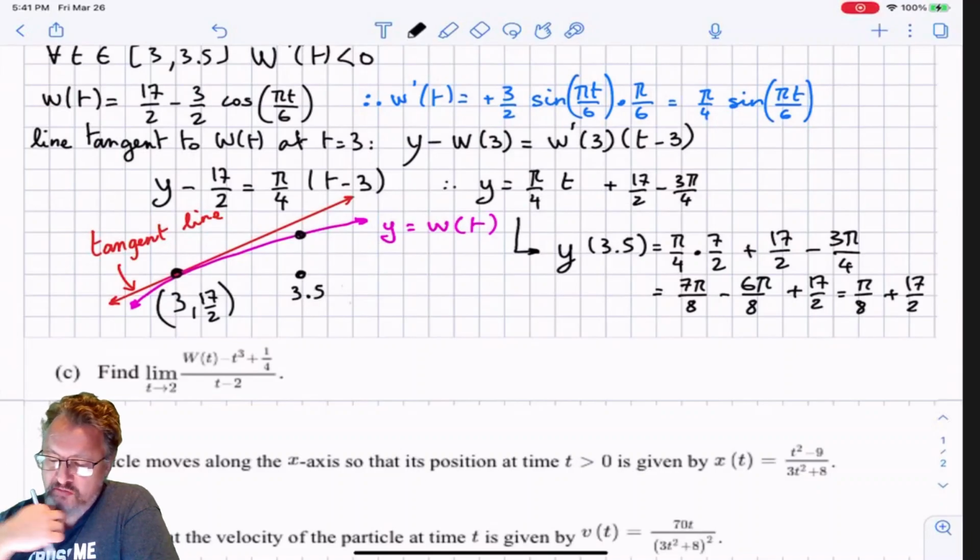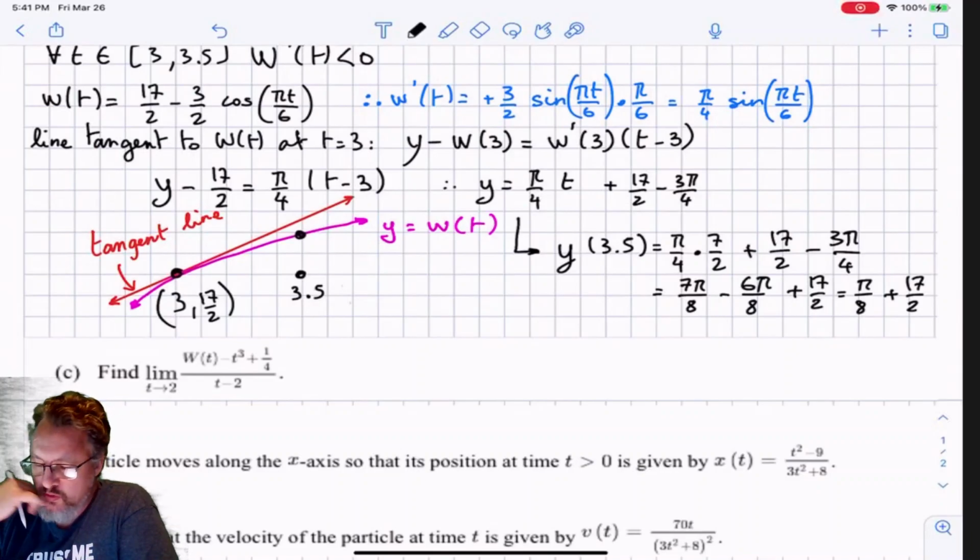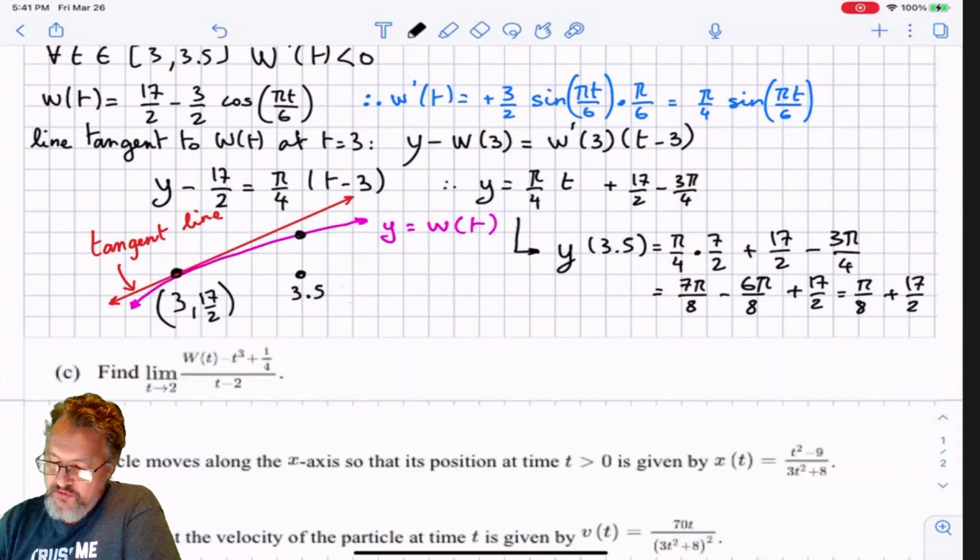Pi over 8, let's round pi to being about 4 right here. That means that 4 over 8 is 1 over 2, so 0.5. So we have 0.5 for this one, we have 8.5 for this. 0.5 plus 8.5 is 9.